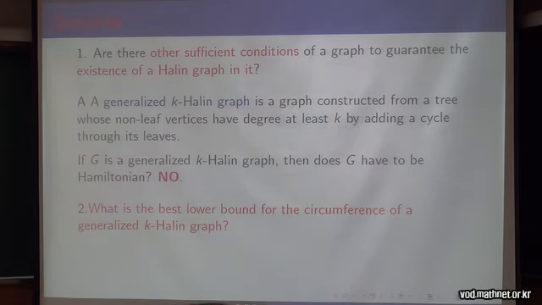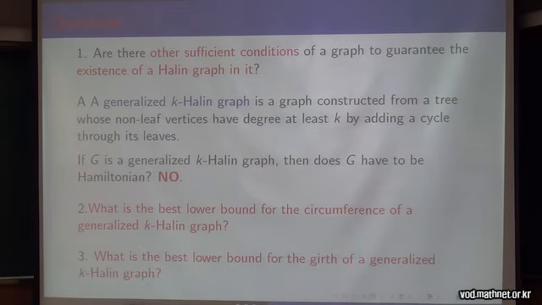So for the circumference, it's easy to find the upper bound. For the lower bound, that's n over 2 plus 1, but it's a trivial thing. Can you find other things? That's probably hard. We tried. We thought it was 2/3, but the proof is wrong. I don't know, you can try.